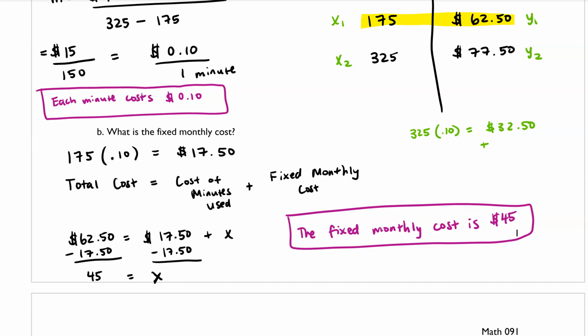Then if I added $45 to that, would that give me $77.50? Let's see. 2 plus 5 is 7, and 3 plus 4 is 7. So it ends up being $77.50, which is what we have here. So those match. I'm just going to put a little green check mark to indicate that it checks off.